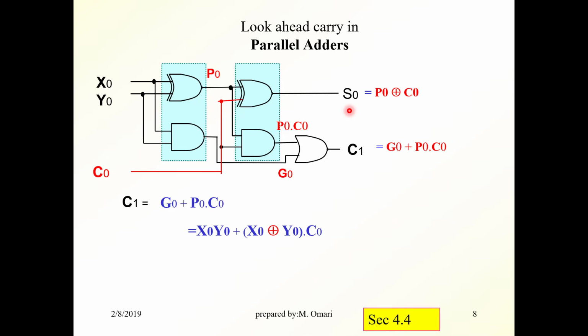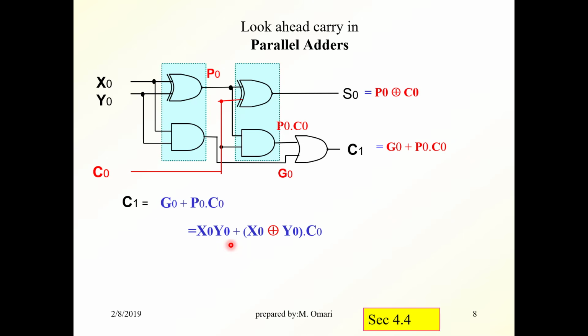So in this case, S0 is the exclusive OR between P0 and C0, and C1, the carry, is equal to G0 ORed with P0, C0. That is what C1 is. G0 is equal to X0, Y0. And P0 is the exclusive OR of X0 and Y0, and this is C0.